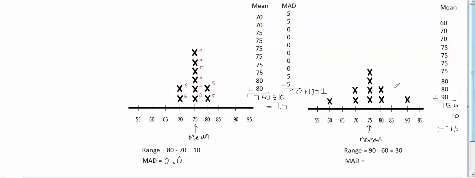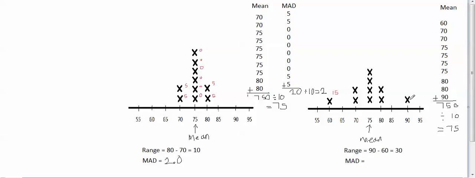Now let's find the MAD of this second class. We can see that the MAD is going to be higher because this class has higher distances than this class does. For example, this person who had an exam score of 60 is 15 away from the mean of 75. 60 is 15 below 75.